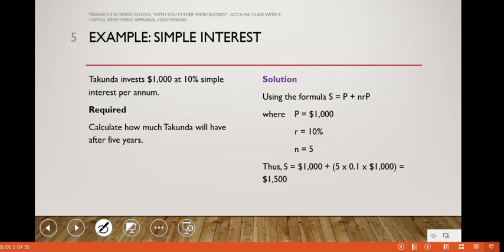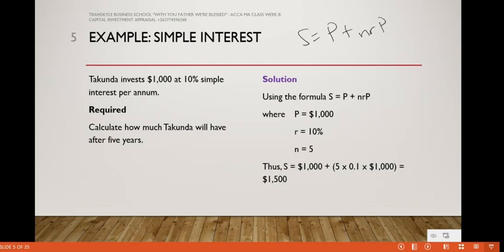Now, we have got that example there. As you can see, we have got Takunda, who invests $1,000 at 10% simple interest per annum. So let us calculate how much Takunda will get after 5 years, and we say that S is equal to P plus NRP.